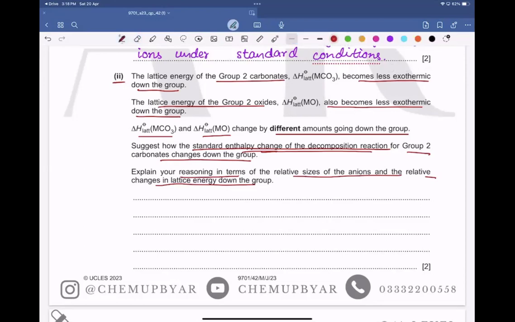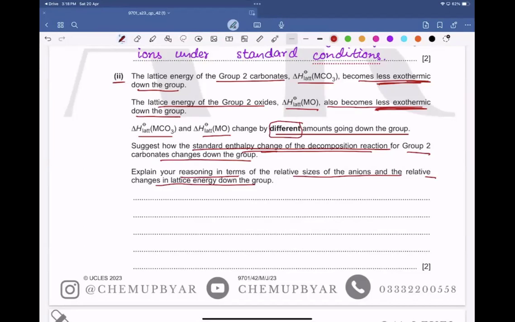They are saying that oxide also becomes less exothermic. So this is for carbonate and metal oxide. But they are saying that these two changes occur by different amounts.